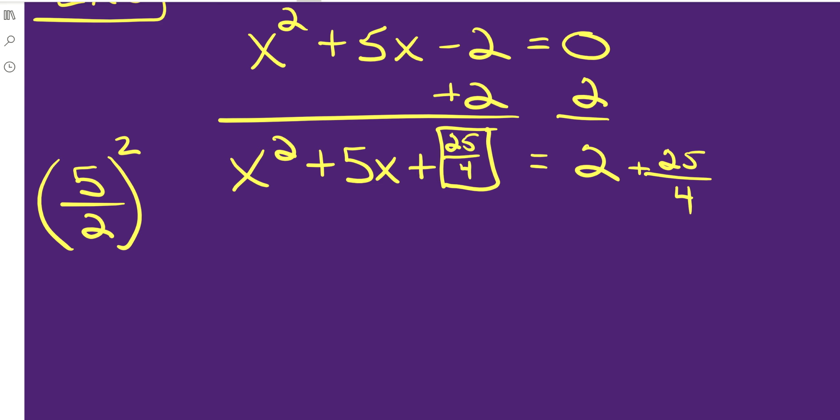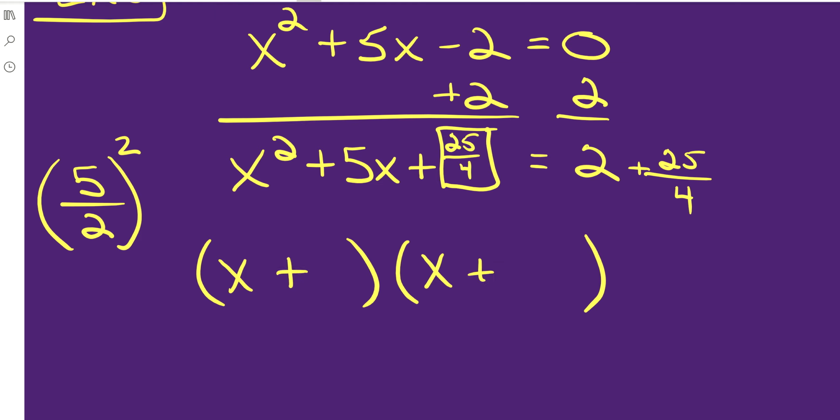And going forward here a little bit more, I'm going to write this up as that binomial squared. So let's see, what is that going to be? This is a little more daunting than really what it is. I'm going to have an x here, plus and plus.